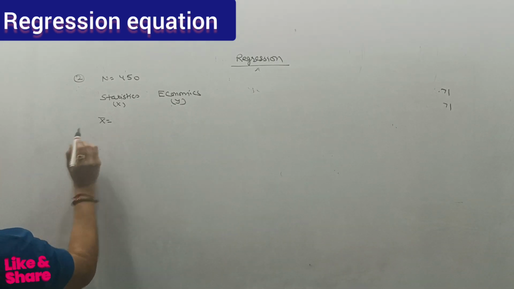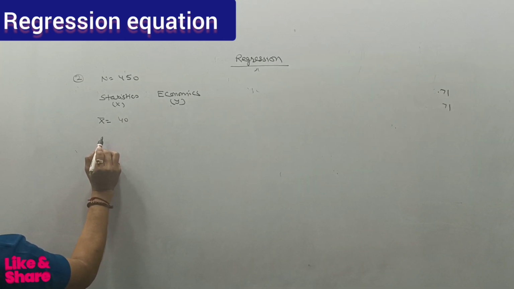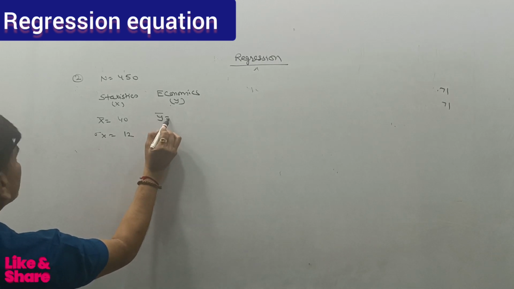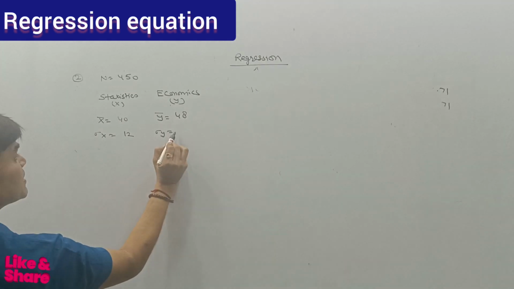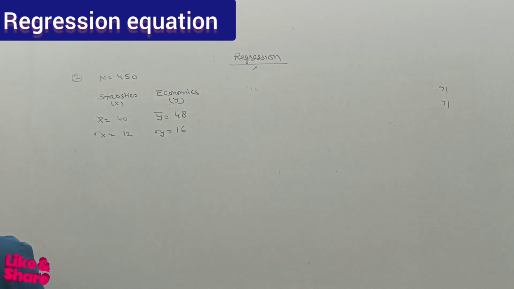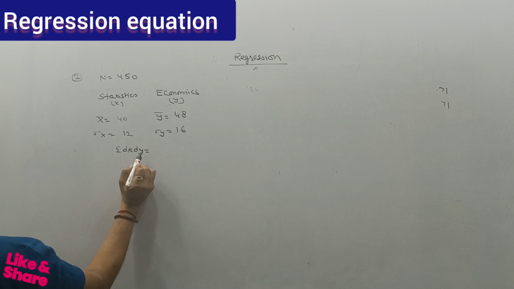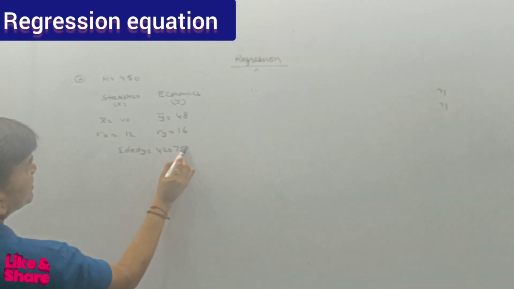The average marks in statistics scored by students is 40 and the standard deviation of those marks is 12. The average marks in economics they scored is 48 and the standard deviation is 16. And the sum of the product of deviations of marks from the means, that is sigma dx dy, is given as 42075.